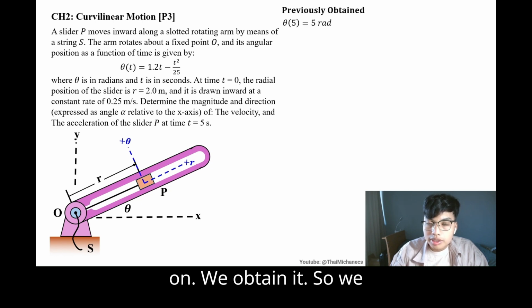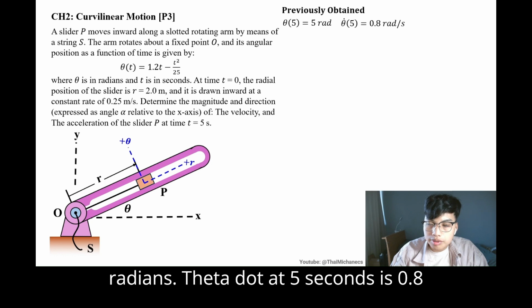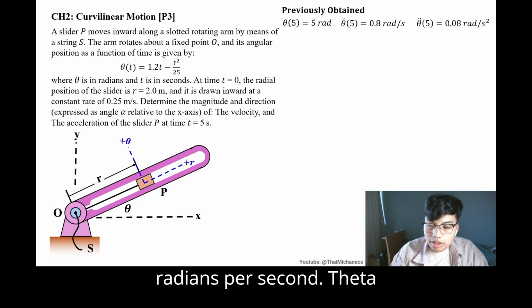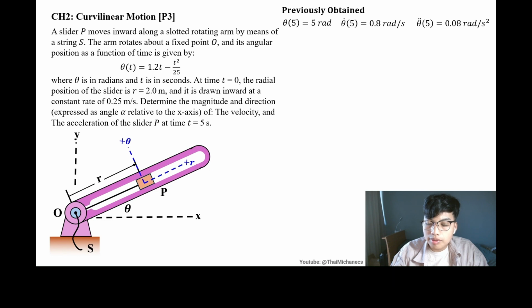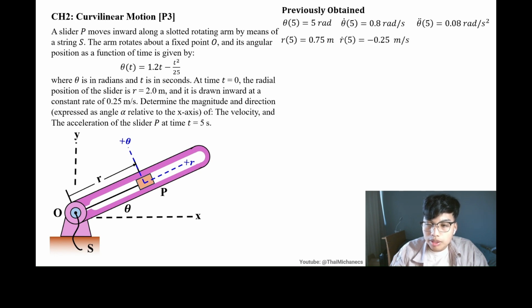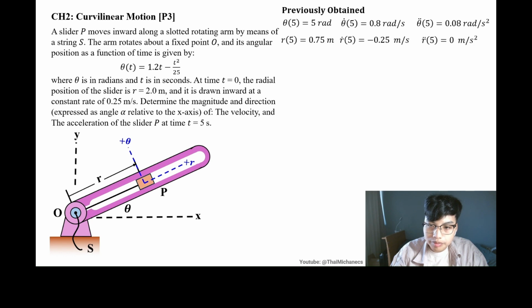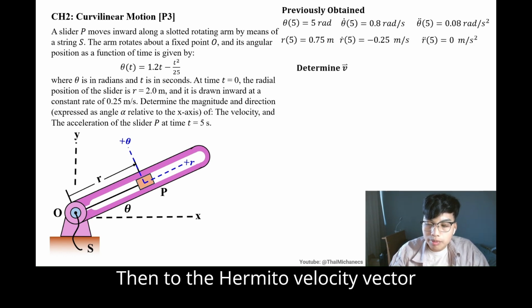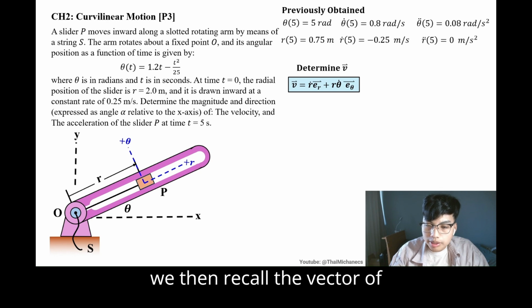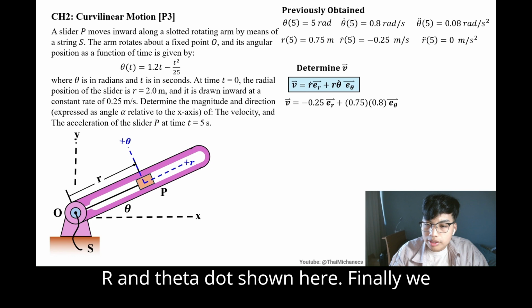We obtained that theta at 5 seconds is 5 radians, theta dot at 5 seconds is 0.8 radian per second, theta double dot at 5 seconds is 0.08 radian per second squared. And on the radial side, we have position of 0.7, velocity of minus 0.25, and acceleration of 0. Then, to determine the velocity vector, we recall the velocity vector formula and substitute the r dot, r, and theta dot shown here.